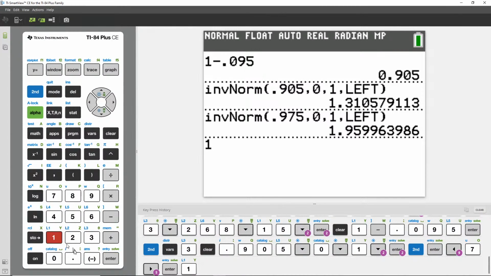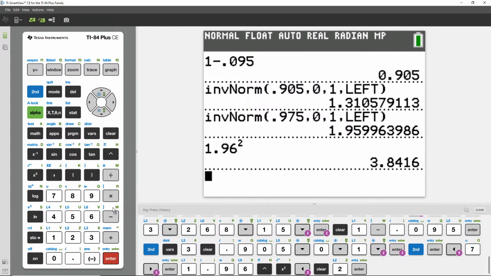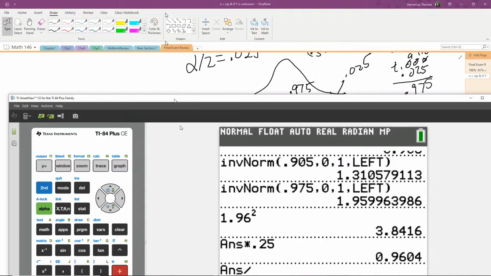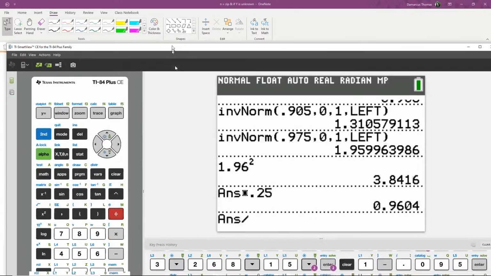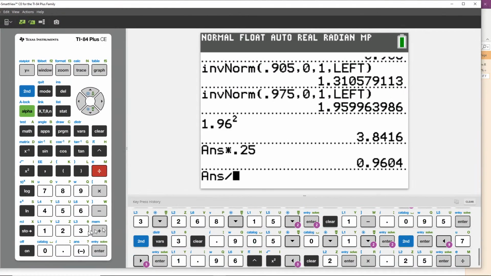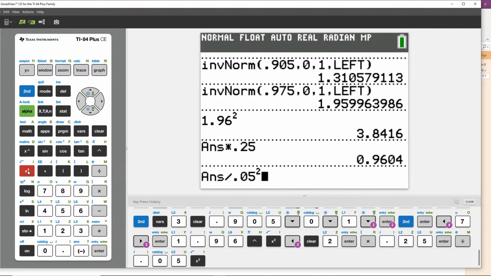So here we go. We do 1.96 squared. Sometimes I do the problem in pieces. I don't put them all in at the same time. So I'll calculate this first, then I'll just multiply by 0.25, and then I'll just divide it by 0.05 squared, which is 0.0025, but I'll just put in 0.05 and then squared.